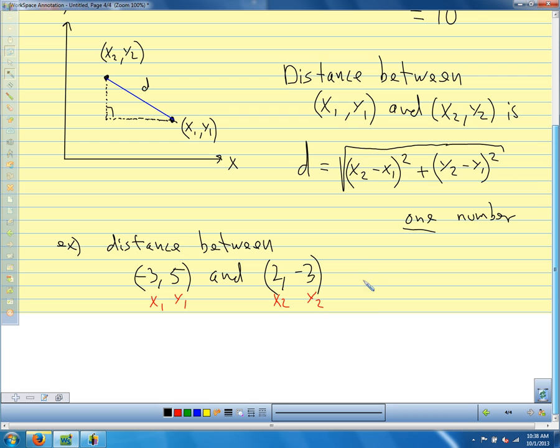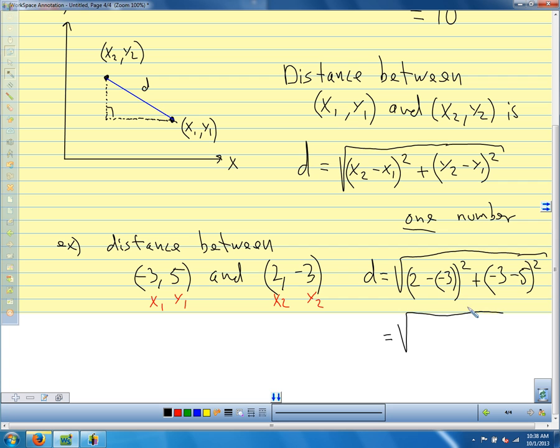So my distance equals the square root of x2 minus x1, 2 minus negative 3, squared, plus y2 minus y1, negative 3 minus 5, squared. And let's simplify this first. Remember our order of operations, we have to do parentheses first.